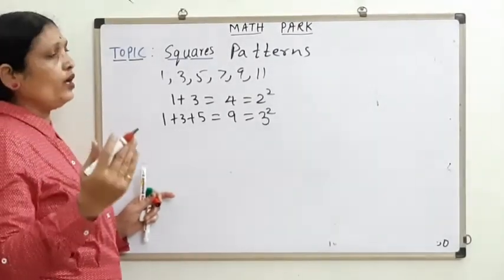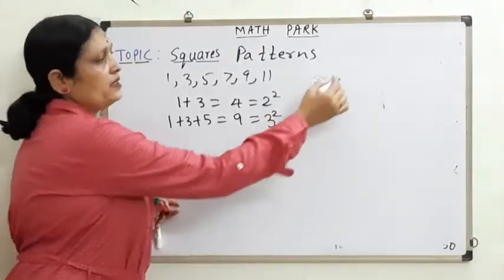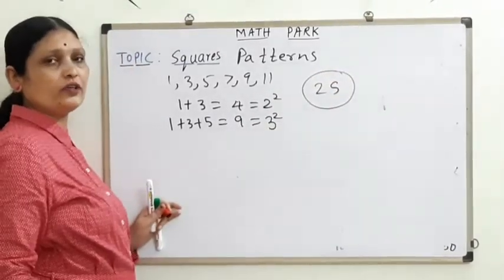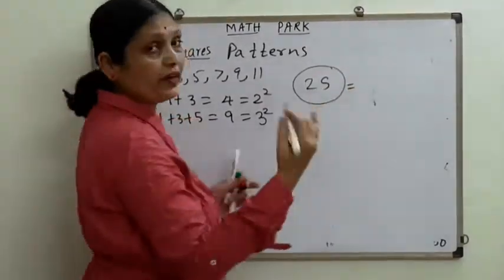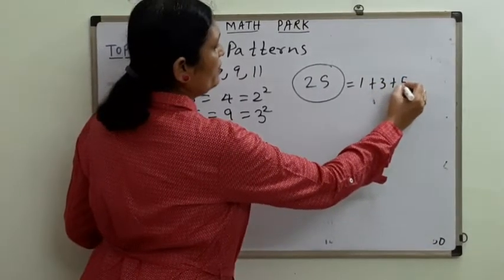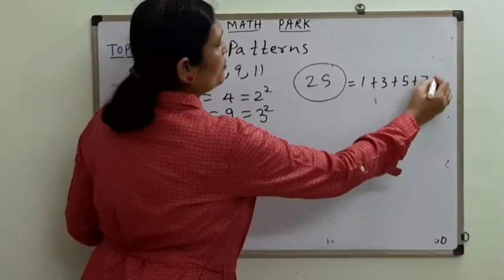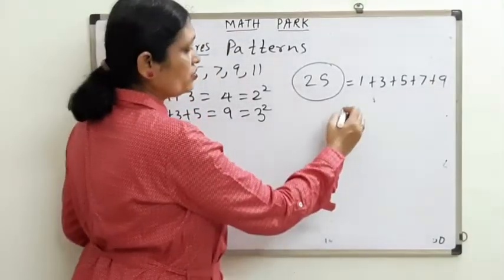Interesting. We know that 25 is a perfect square. If you are asked to write this number as a sum of consecutive odd numbers, what do you have to do? You simply have to add 5 consecutive odd numbers: 1 plus 3 plus 5 plus 7 plus 9. Look, isn't it 25?